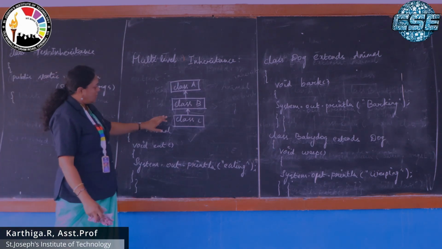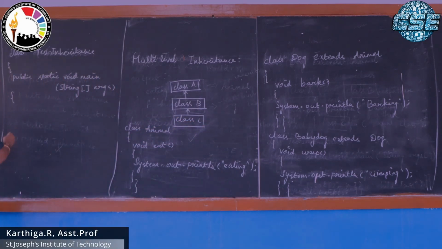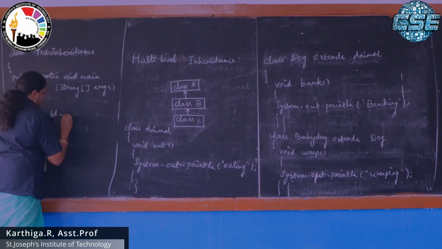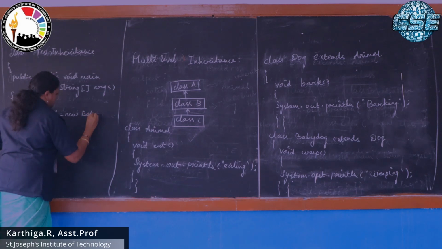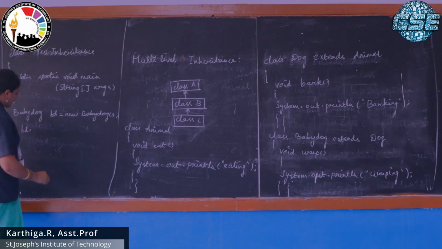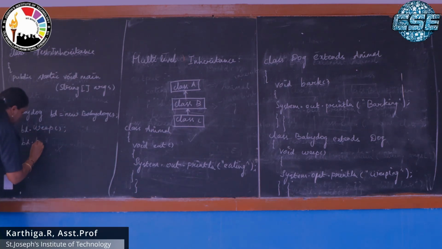So here the object for child class will be created for baby dog. Okay. bd dot weep, bd dot bark, bd dot eat.